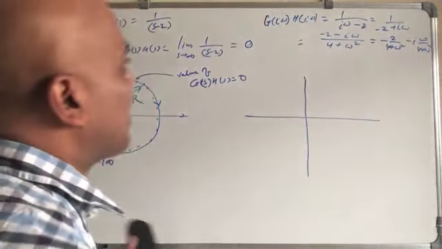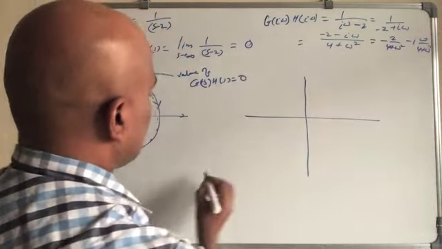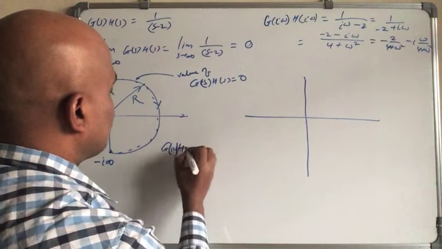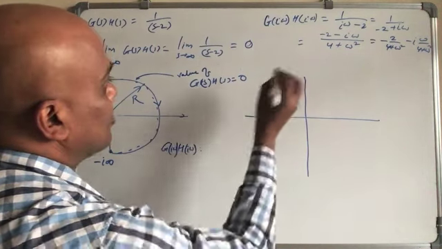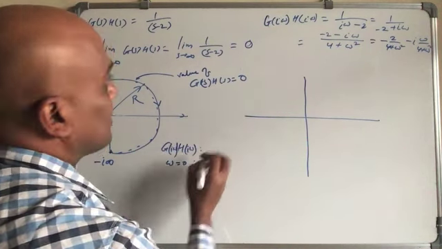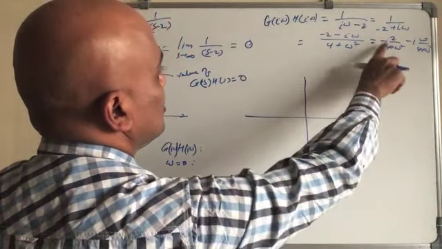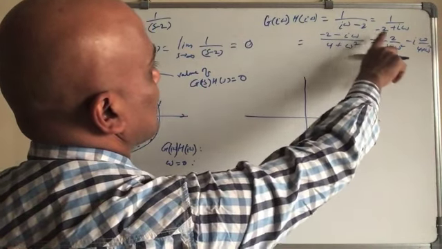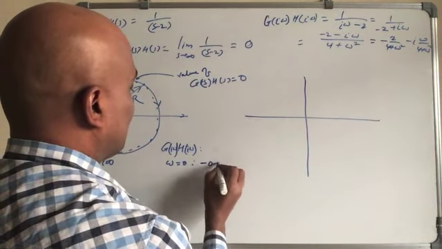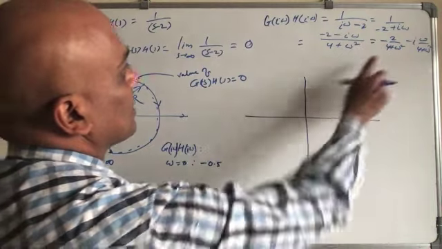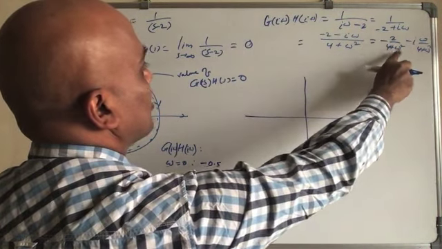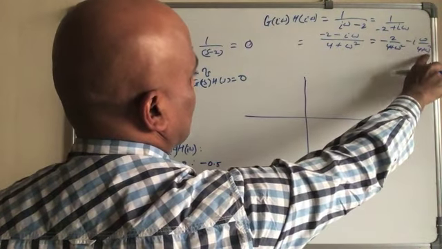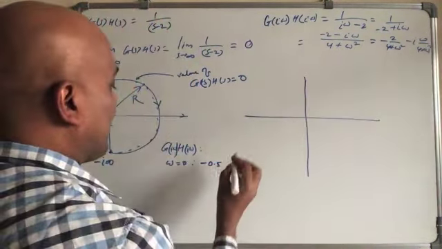That's what we need to plot. Roughly you can find out the values. So what are the values? We can write G(iω) times H(iω), and the value when ω equals 0. We get minus 2 over 4, so we get simply minus 0.5. From here, minus 2 over 4, and minus iω over 4 plus ω squared, we get 0 also. And what is the angle?